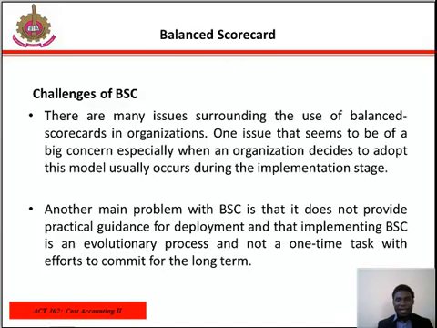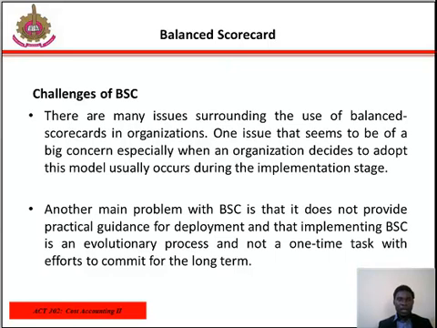On the challenges of the balanced scorecard, which we refer to as BSC, there are many issues surrounding the use of a balanced scorecard in organizations. One issue that seems to be of big concern, especially when an organization decides to adopt this model, usually occurs during the implementation stage.